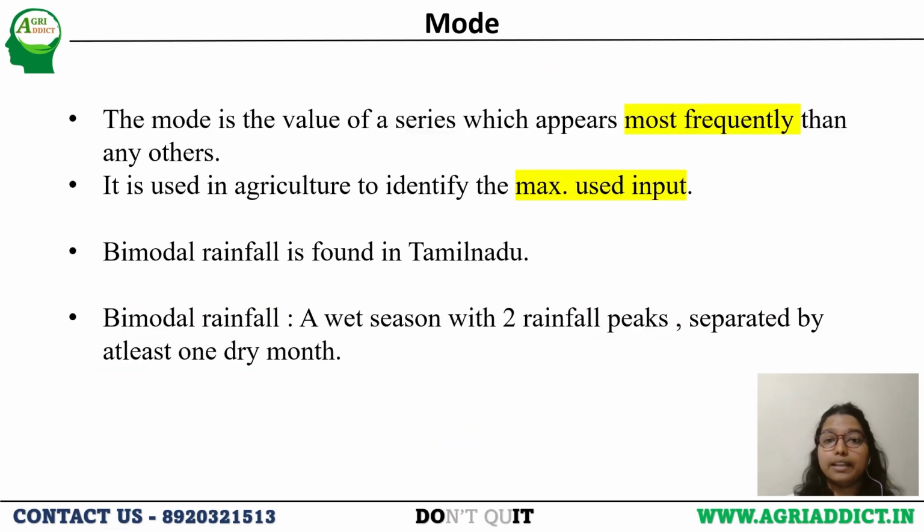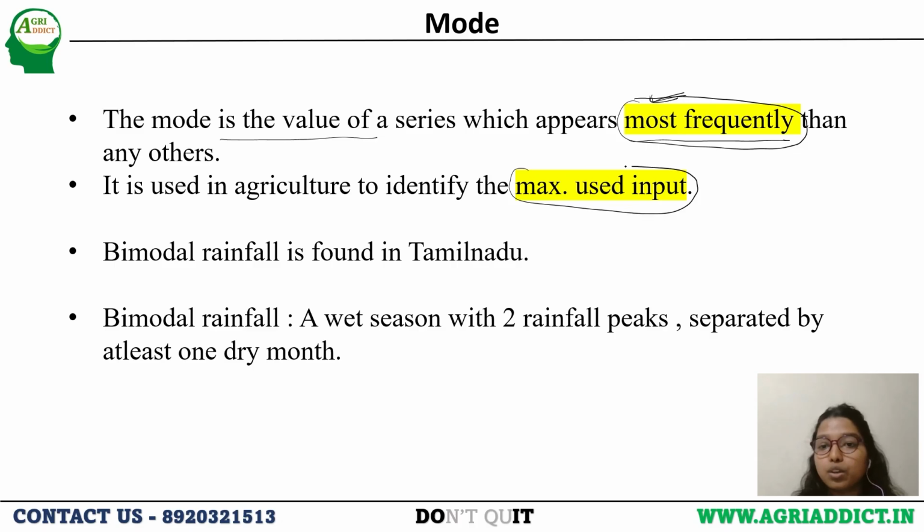Okay. Next is the mode. Mode is the value of a series which appears more frequently than any others. The most frequently occurring value in a data is going to be the mode of that data series. It is used in agriculture to identify the maximum used input.